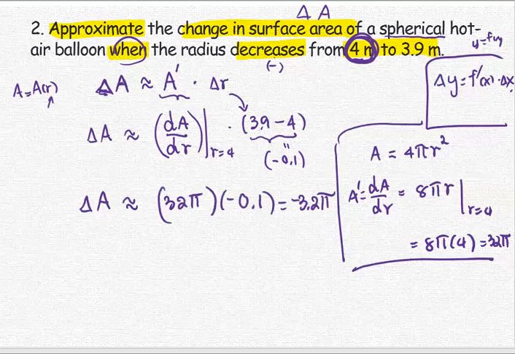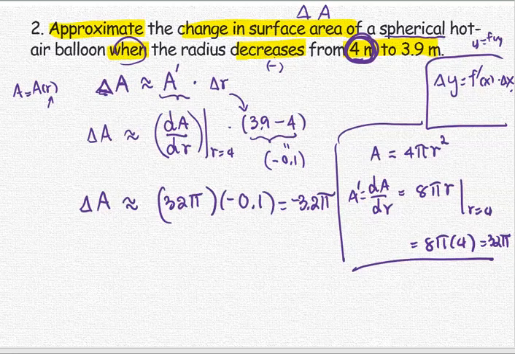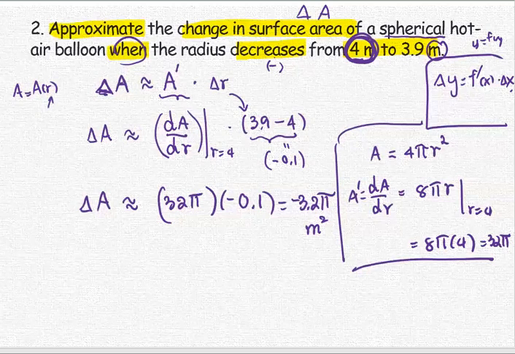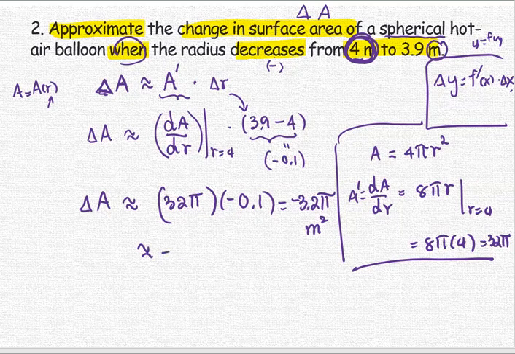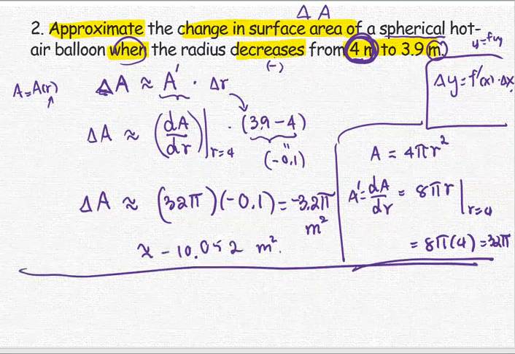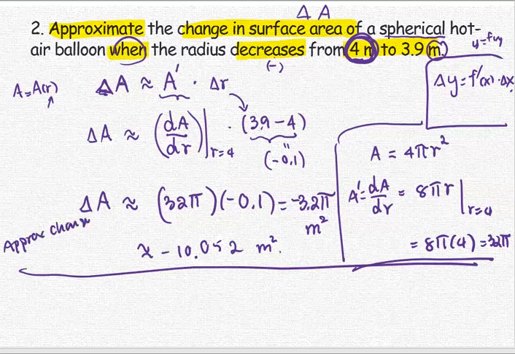Since this is the change of area, a two-dimensional quantity, and the unit of length is meters, the unit of the change of area is meters squared. Negative 3.2 pi is about negative 10.052 square meters. So this is the approximate change in surface area.